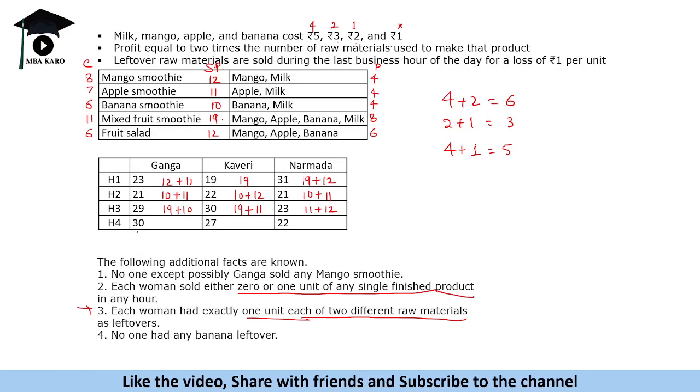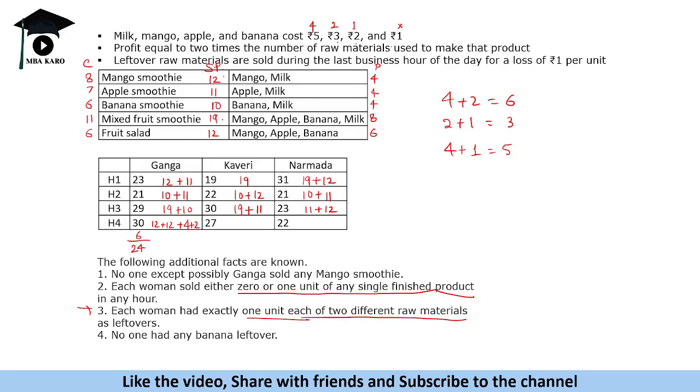So if we subtract 6, we get 24. 24 can be written as 12 plus 12. So basically it is 12 plus 12 and this 6 is 4 plus 2. So these are the two leftover items and 12 is the price of each of these items. So mango smoothie will be sold, fruit salad will be sold.